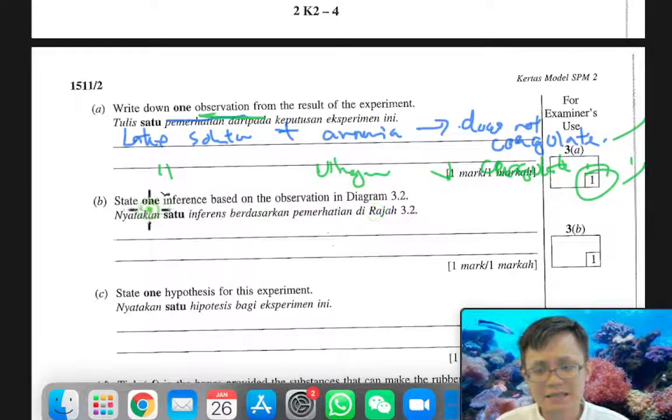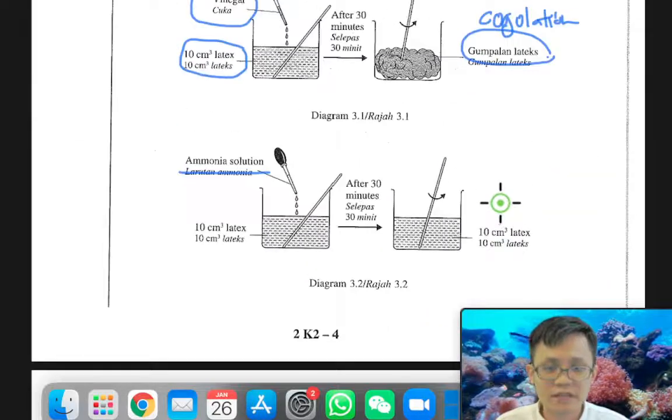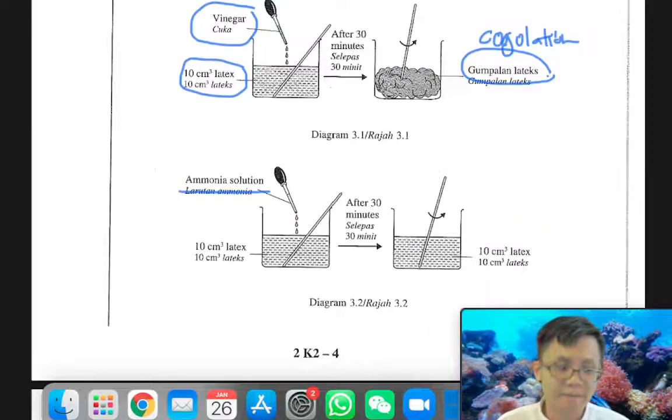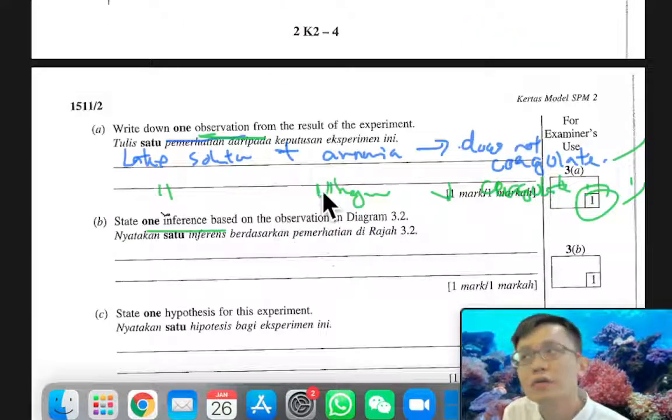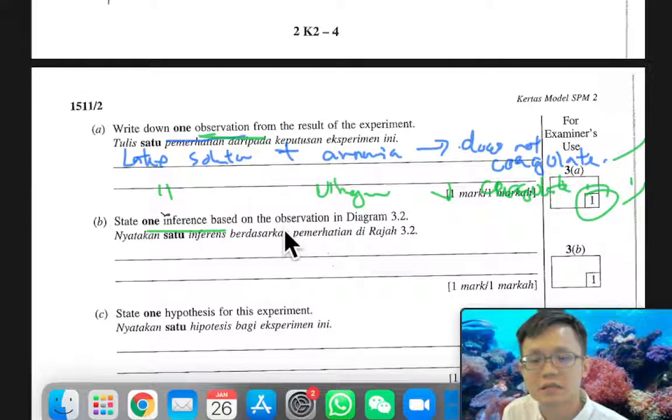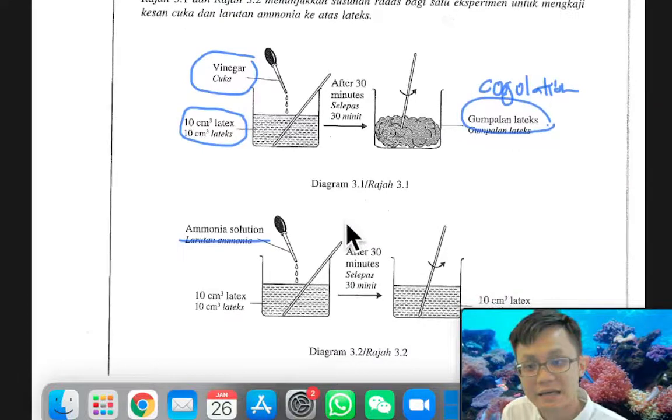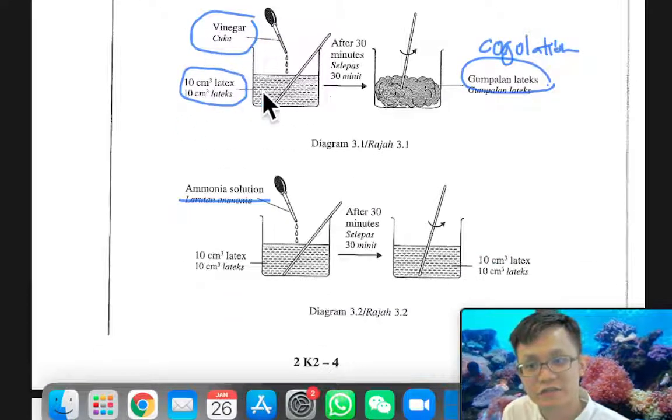So what is the inference from this experiment? Alkaline will neutralize the acid in latex. Okay. So maybe I use the first one first, the acid.